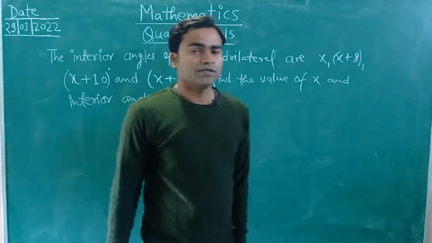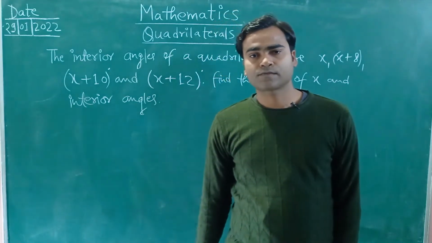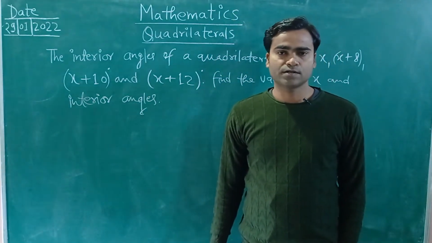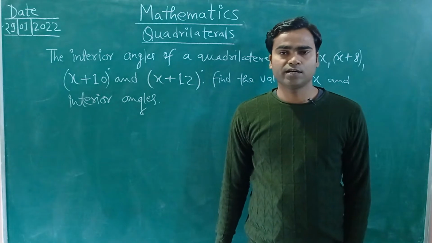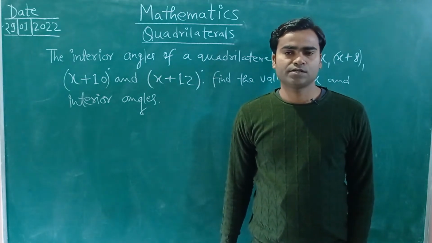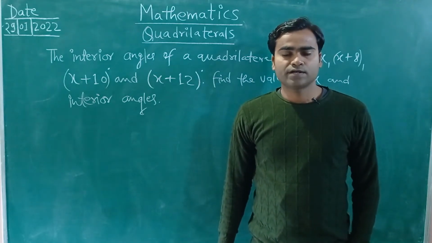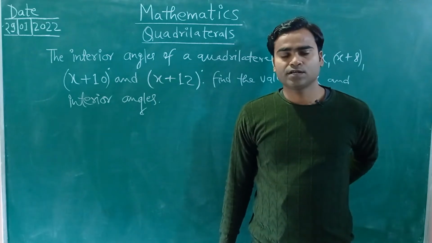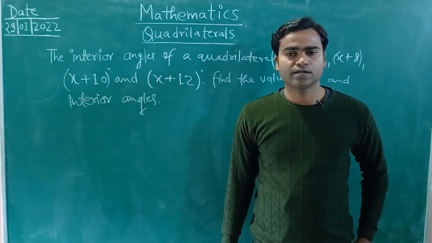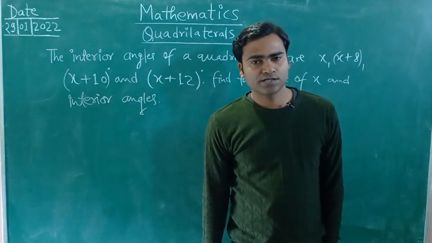So students, it is a very easy problem because we know that the sum of interior angles of a quadrilateral is 360 degrees. In case of a triangle the sum is 180, but in case of a quadrilateral the sum of interior angles is 360 degrees.